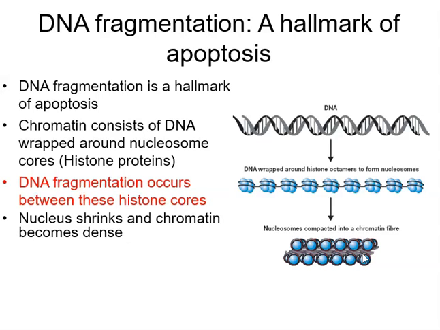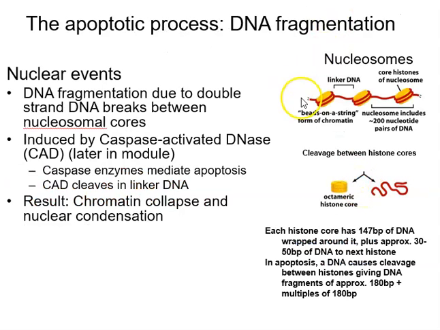Now the important thing about histones is that the DNA in between them is more available for degradation, and this is where DNA gets cleaved during apoptosis. Here we can see these nucleosomes, which are your histone cores with DNA wrapped around them. There are about 200 nucleotides from where DNA finishes on one histone to the next.